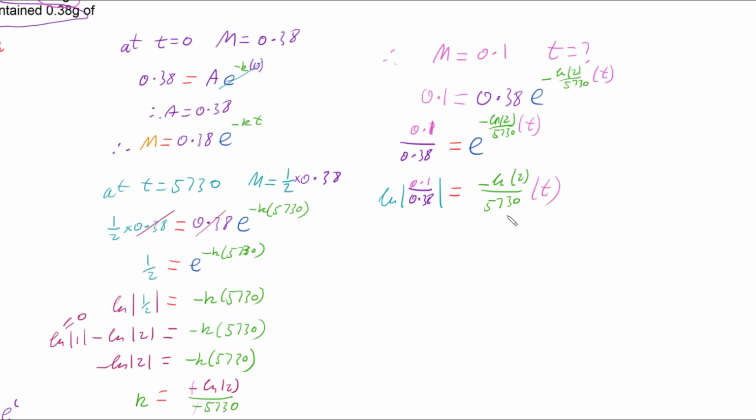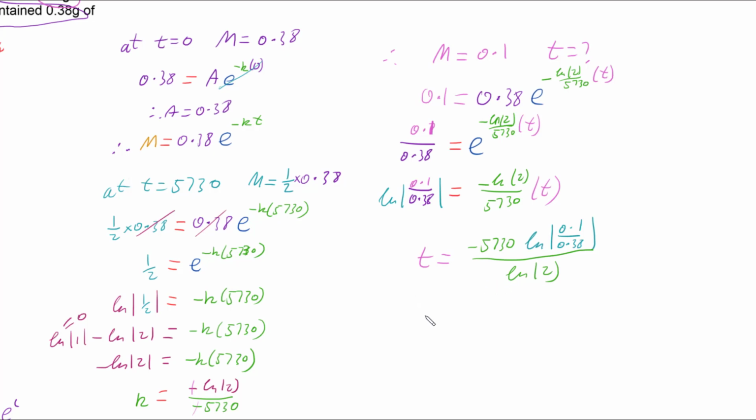And so now we can multiply by 5,730 and divide by the negative ln of 2, and that will give us t. So we're going to have negative 5,730 times the natural log of 0.1 on 0.38, all divided by the natural log of 2.